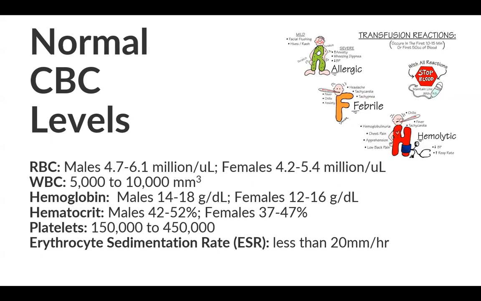Now, you may be wondering, okay, I've told you what increased hematocrit levels are. What are decreased hematocrit levels indicative of? Well, if a patient has decreased hematocrit, it may mean that they have anemia, they may have a bone marrow failure, they may be having a hemolytic reaction, they may be hemorrhaging, they may have leukemia, they may have liver cirrhosis, maybe even malnutrition.